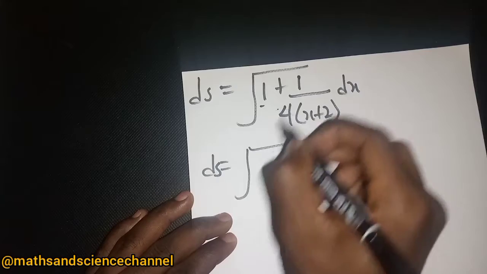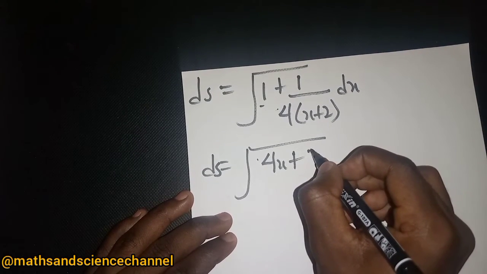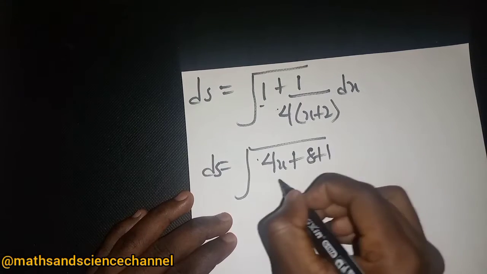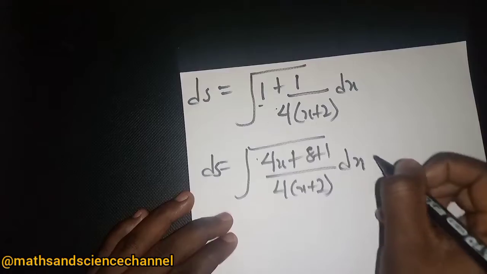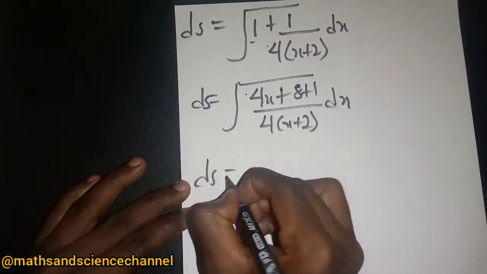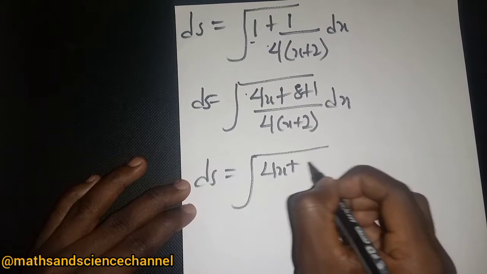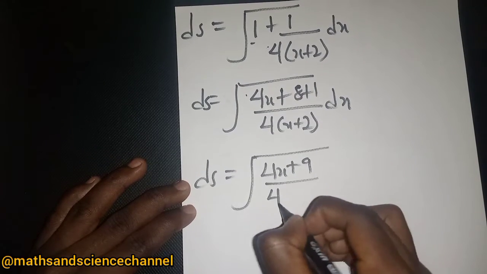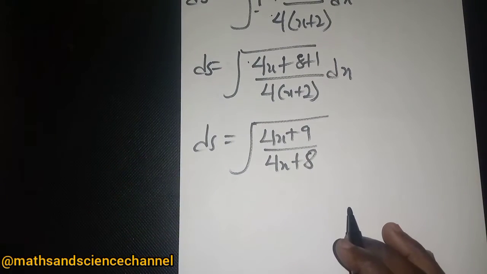So in solving this, we have 4x here plus we have 8 plus 1, then divided by 4 into bracket x plus 2, dx, right? So ds will be the square root of 4x plus 9 over 4x plus 8. So that's what we have for ds.